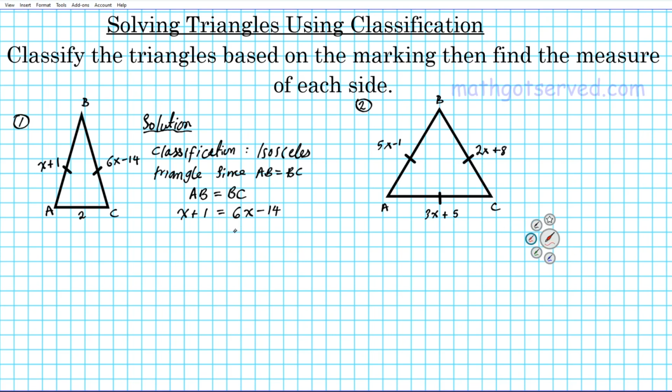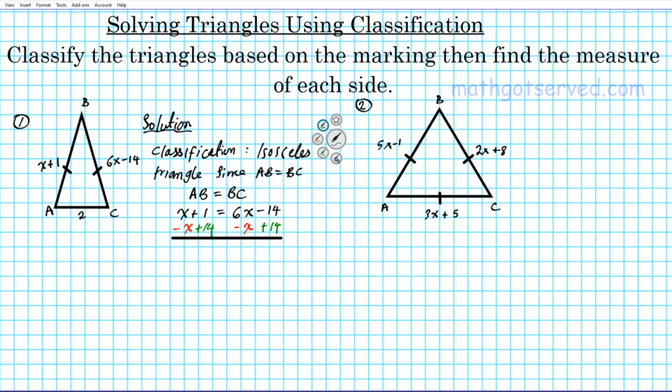Let's move all the x's to the right side, so we subtract x from both sides. And then to move the constants to the left side, we add 14 to both sides. After these two operations, we achieve the isolation of the variable x and the number on the other side.